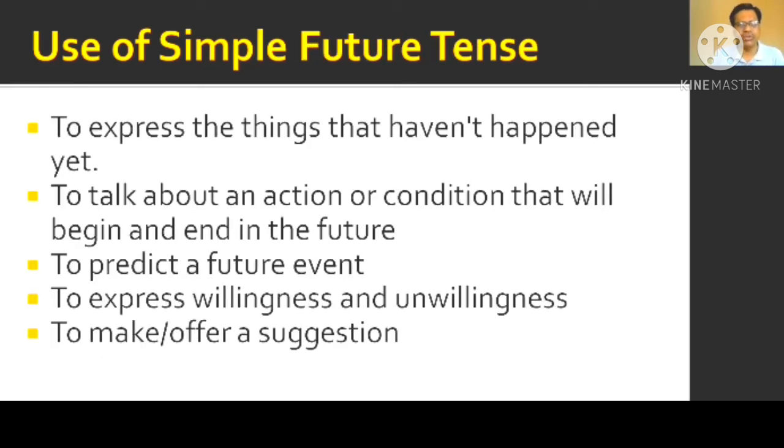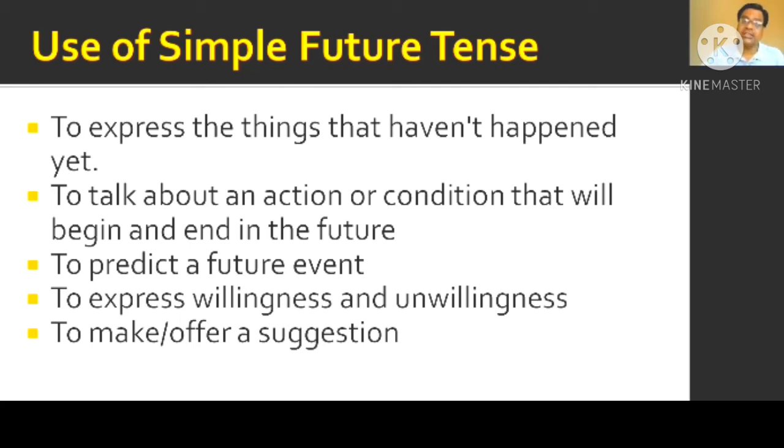Now I will talk about the use of simple future tense. We use simple future tense to express the things that haven't happened yet. It means up till now, the thing did not happen. The action did not happen. The situation did not happen.